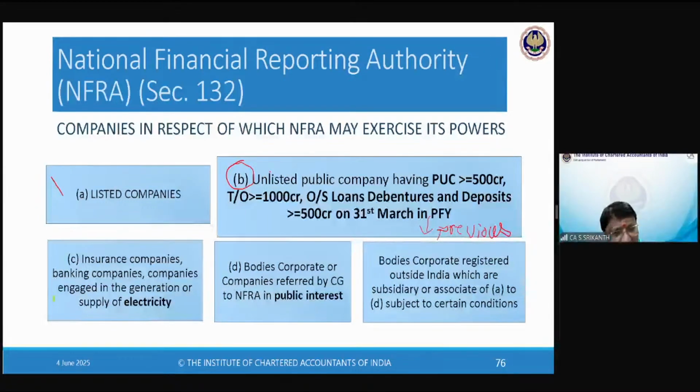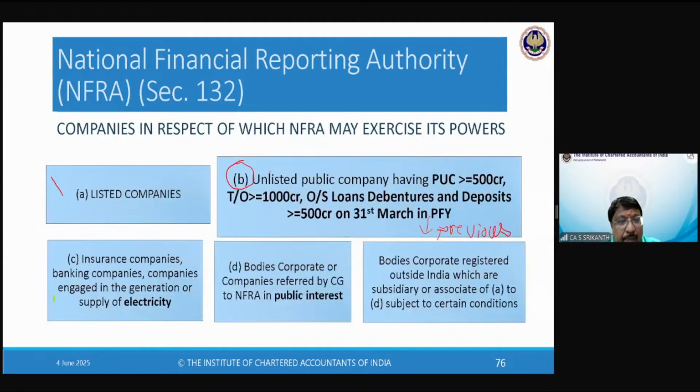But in this case, they have said, if you are a subsidiary or associate of any of these fellows, they'll get the right. So through that, they'll come. Associate means I'm not holding more than 51%, I'm holding 20% or above. Then that fellow becomes an associate company. You know that. For CFS also you studied now. That associate also has to be consolidated.